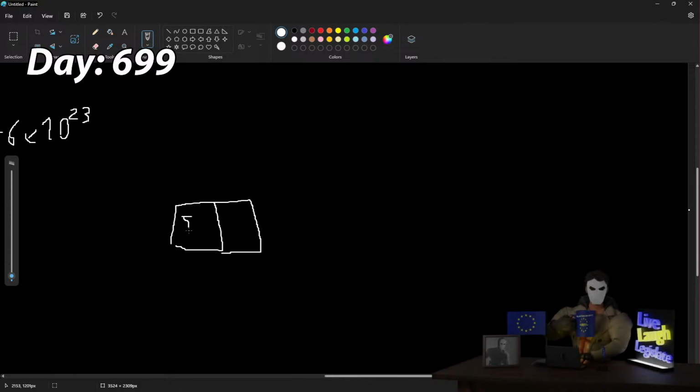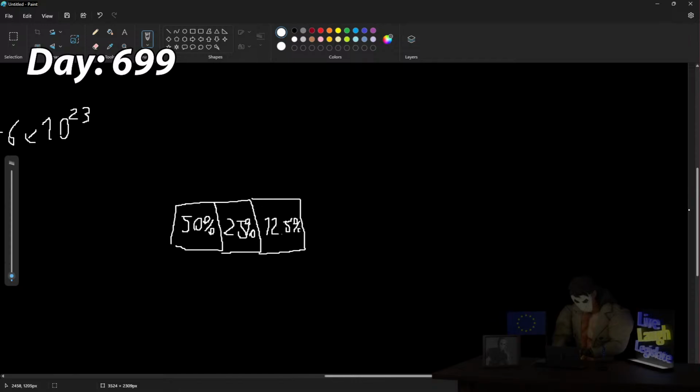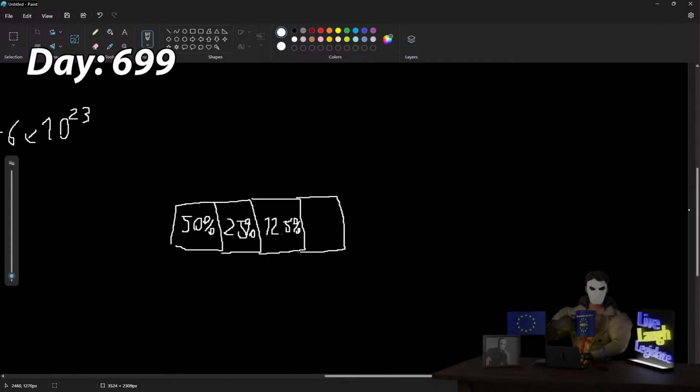So you have 50% chance that it is right here. Then 25%. Am I thinking about this right? I feel like I'm already thinking about this wrong. 25% of it being in the next box. Then you have 12.5%, going on and going on and going on.